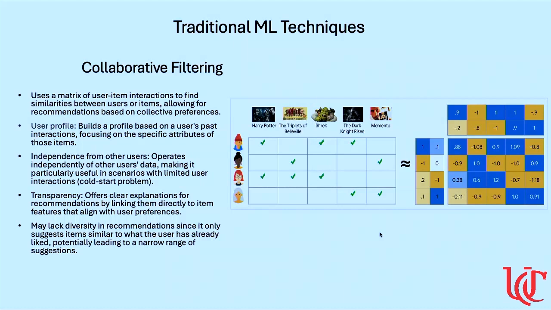That matrix is a decomposition of how users and items have interacted with each other. At the end of the process, you get a user embedding as well as an item embedding. The good part about these embeddings is that they are in the same vector space. Now we know which users are similar.